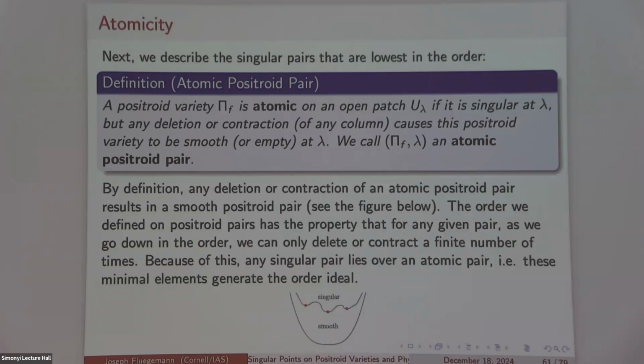The effect of intersecting with one of these deletion or contraction Positroid varieties: in the Positroid story, we have matroids given by columns whose determinants don't vanish. A deletion will just be getting rid of the Positroids that have that column, etc.